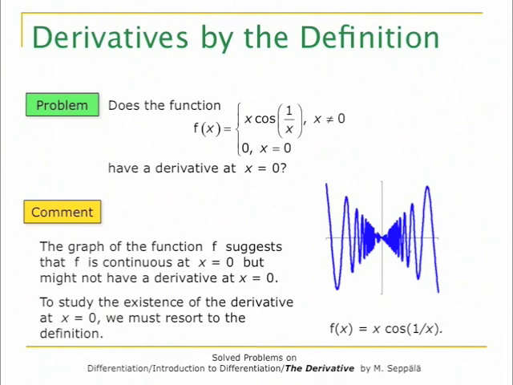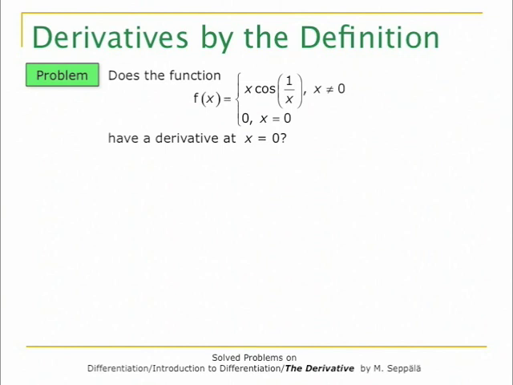It oscillates wildly between the lines y equals x and y equals negative x. It appears to have a limit at x equals 0. The limit seems to be 0, so the function is continuous. But now, to study the possible existence or not of the derivative, we must resort to the definition.